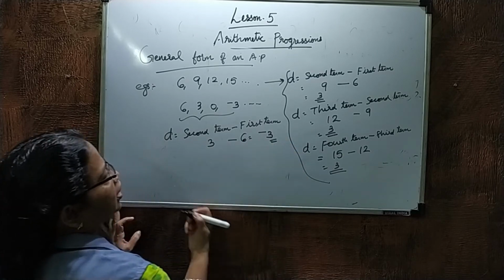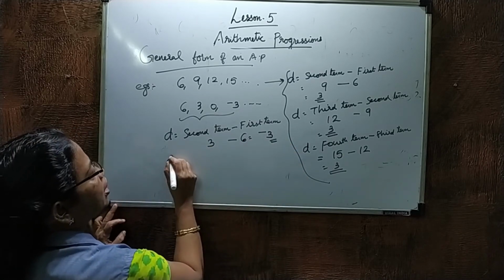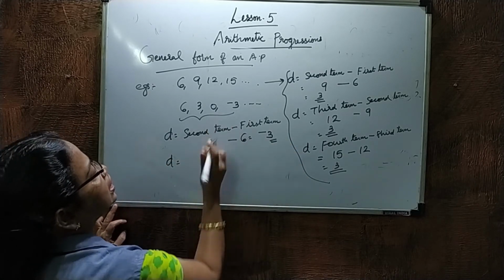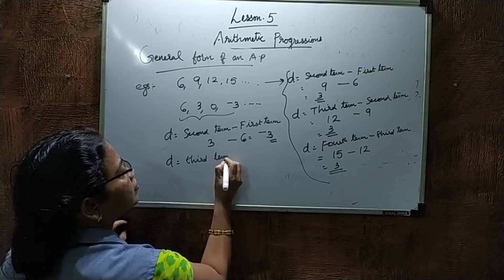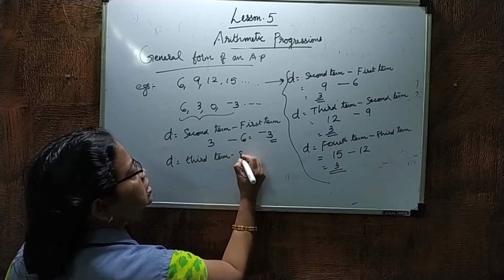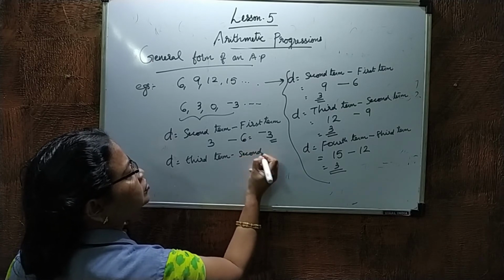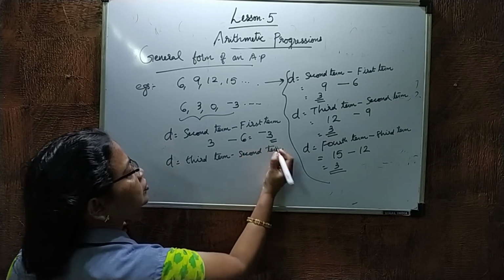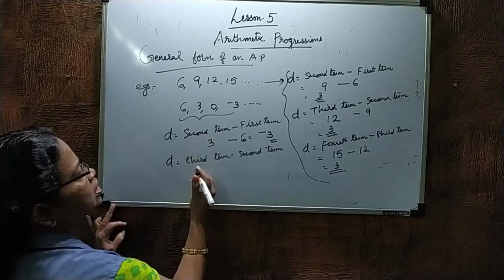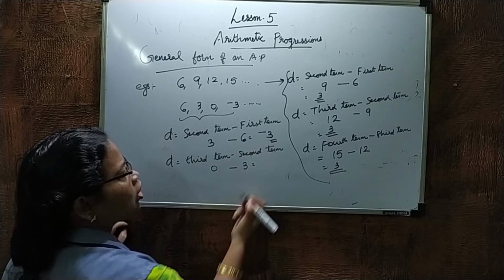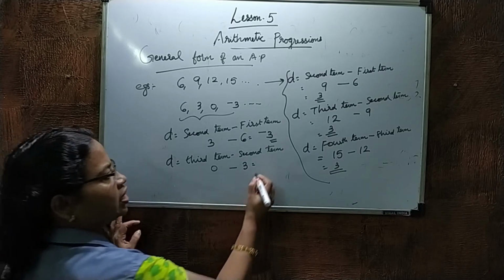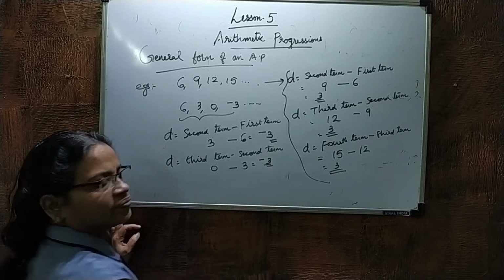What is the next one then? Next common difference: third term minus second term. Third term is 0, 0 minus second term 3. You will get negative 3.